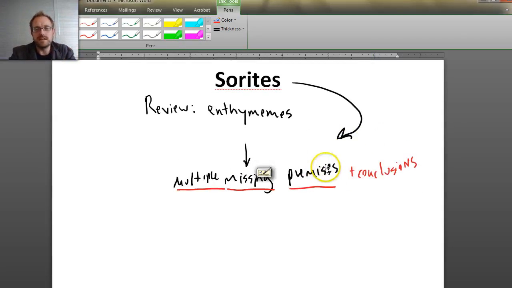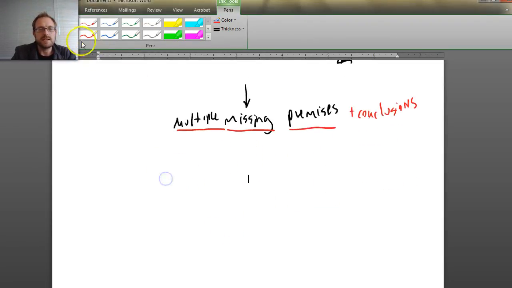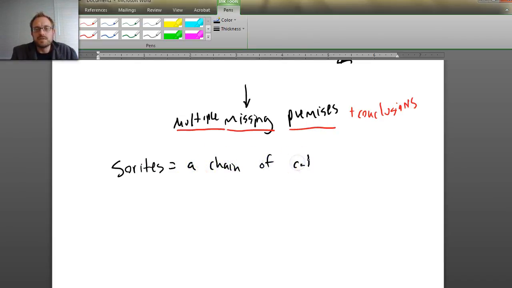So let me see if I can give you an example here. Let me give you the definition. So what is a Sorites? Well, strictly speaking, a Sorites is a chain of categorical syllogisms without the intermediate conclusions.